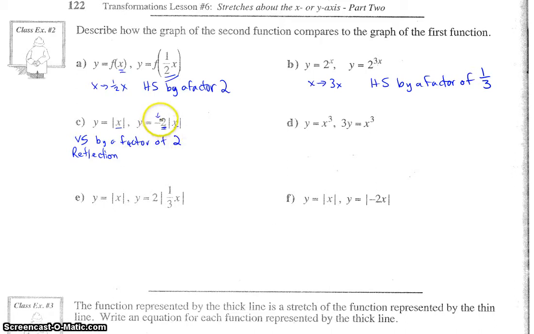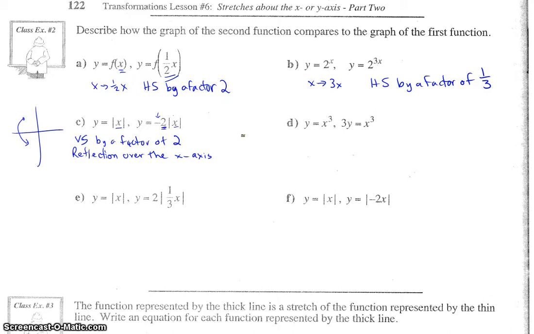The negative is in front of not the x, so it's essentially in front of the y. Let's think about that. If a y value goes negative, we are reflecting over the x-axis. And there we go.